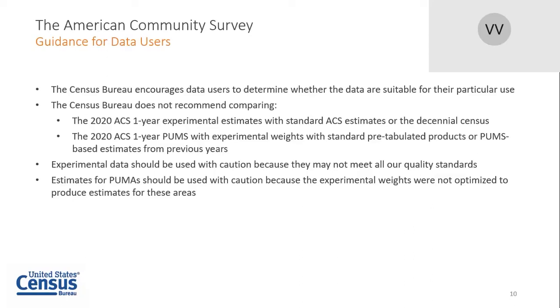Experimental data should be used with caution because they may not meet all of our quality standards. And the estimates for PUMAs should be used with caution because the experimental weights were not optimized to produce estimates for these areas.